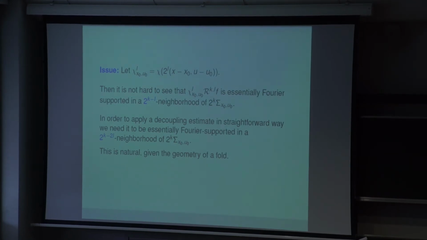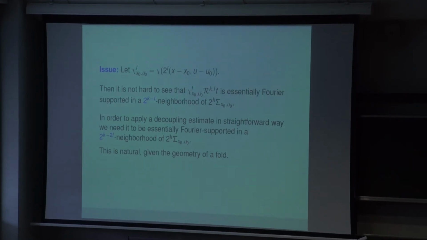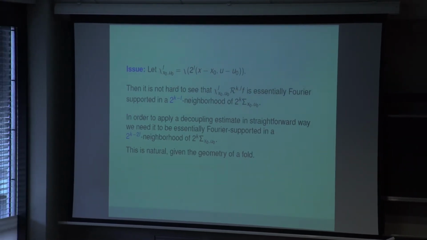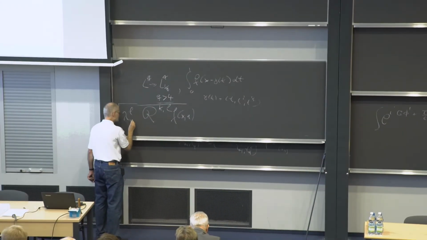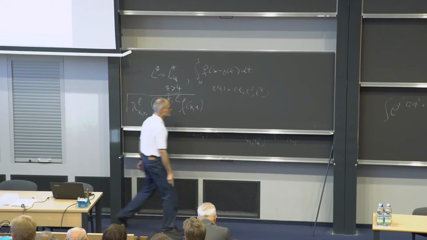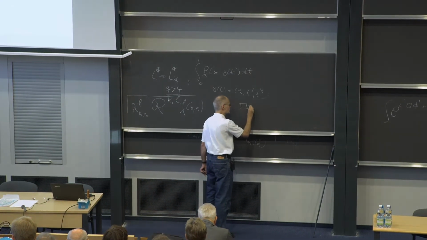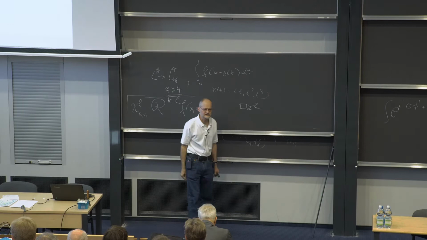And now we would like to localize this in xu space to a small cube, chi_{l,x_0,u_0}. It's a small cube of width 2 to the minus L.